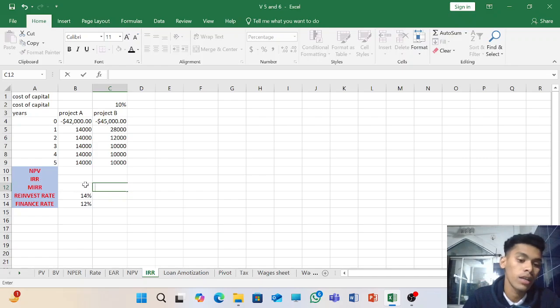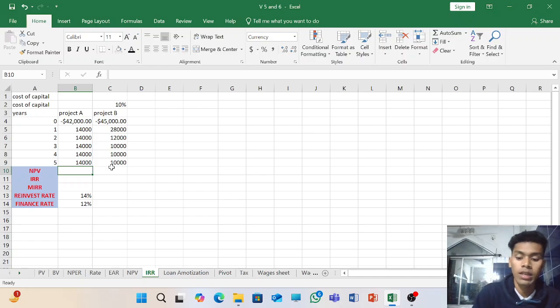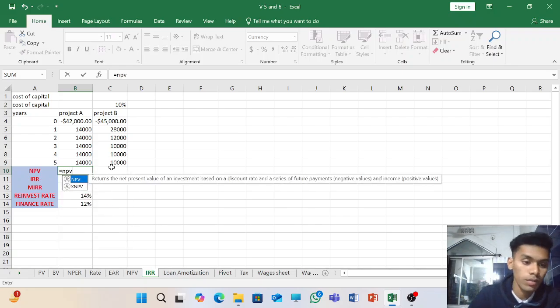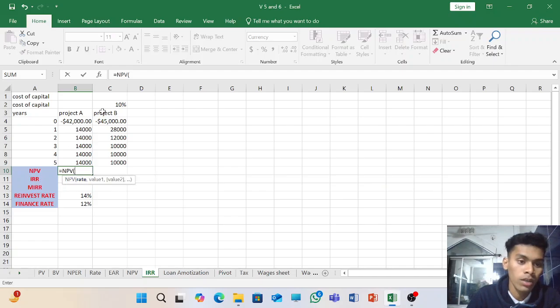Okay, so now we find the IRR, that means the internal rate of return. We already calculated the NPV, but we again calculate it. This is the same process. NPV, double click, rate is 10%, comma, cash flow, bracket close, plus, and then initial investment, and enter.